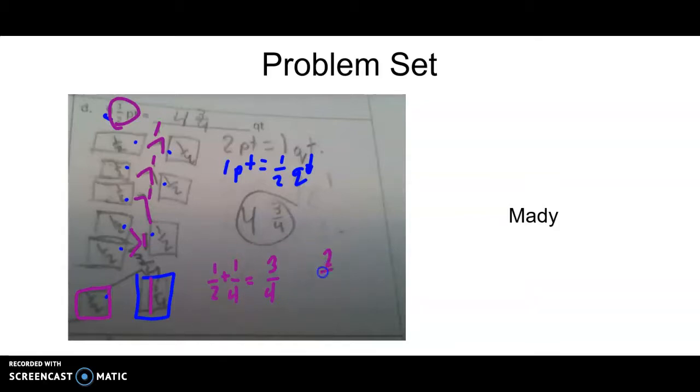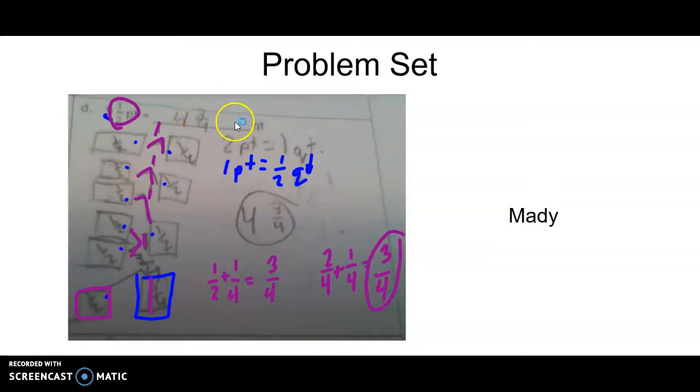So if I wrote it again, it's 2/4 plus 1/4, giving us 3/4. So this bottom 2 tape diagrams give us 3/4, and she has 1, 2, 3, 4 quarts, giving us 4 quarts with the 3/4 left over.